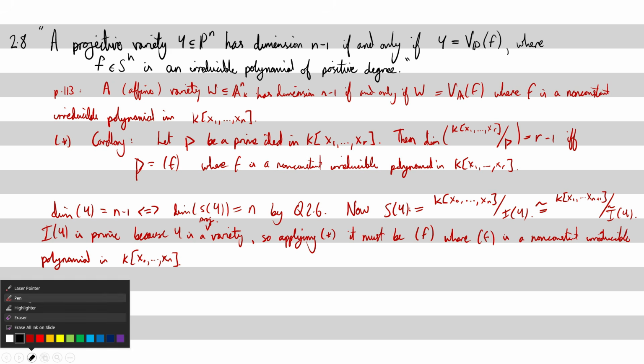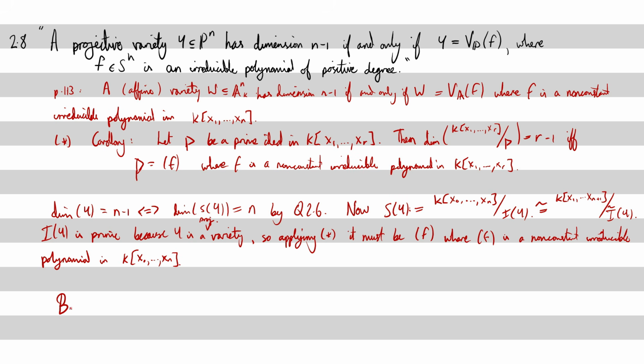Or rather, because I of Y is a homogeneous ideal, it must be a sum over d equals 1 to n.